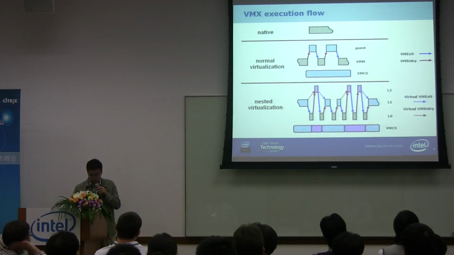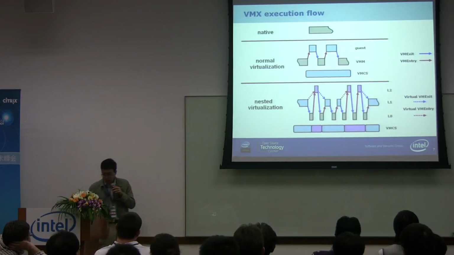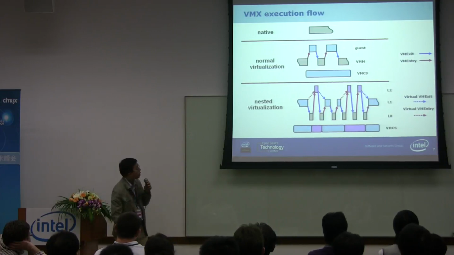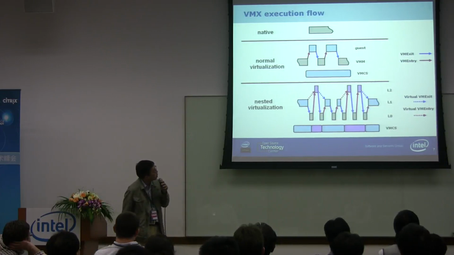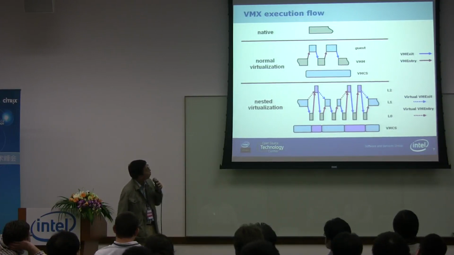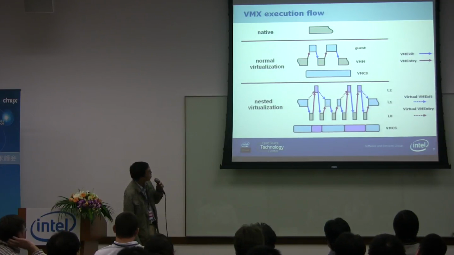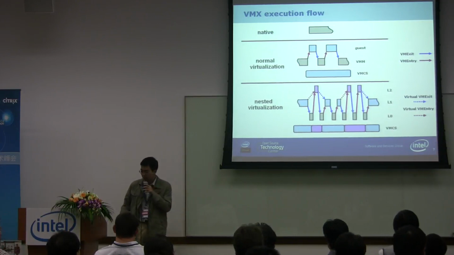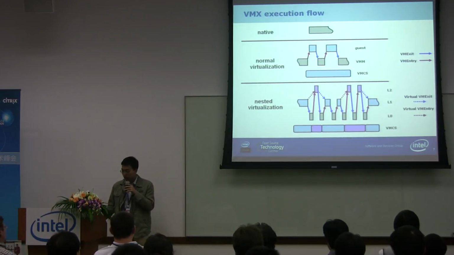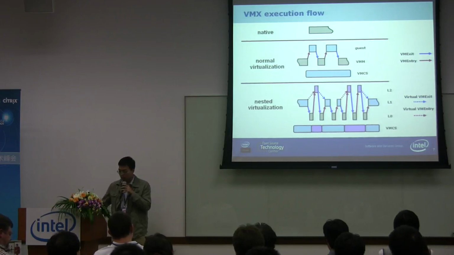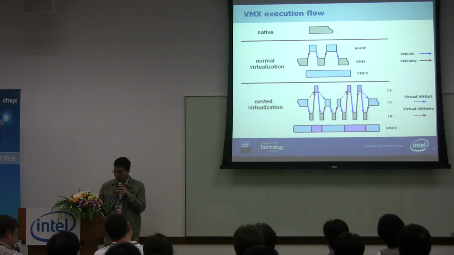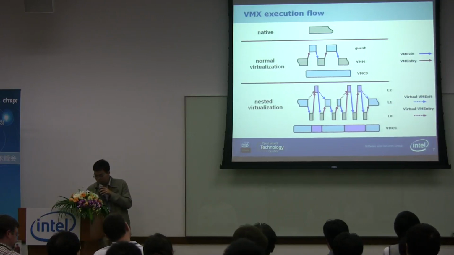And in a normal virtualization scenario, we have a VMM and a guest, and there is a controlling VMCS that is always there for this guest. You can see the VM entry and VM exit. As we mentioned before, this transition goes over and over, driving the execution forward.